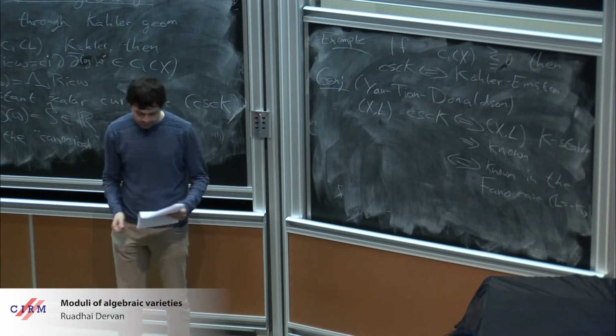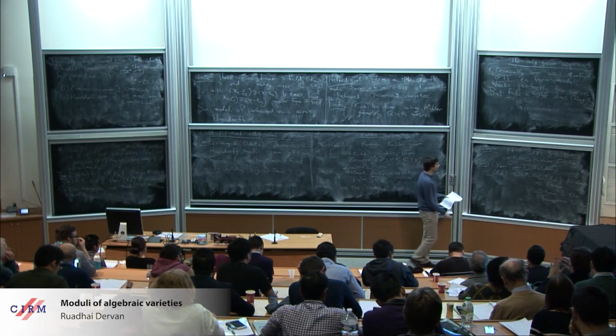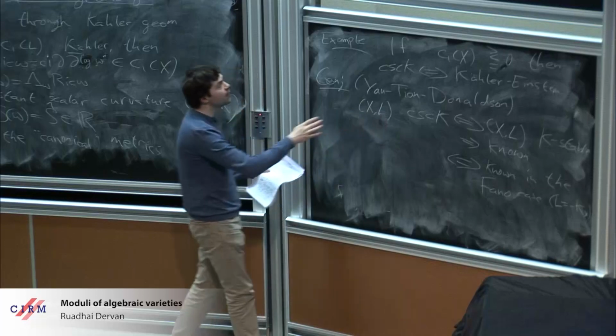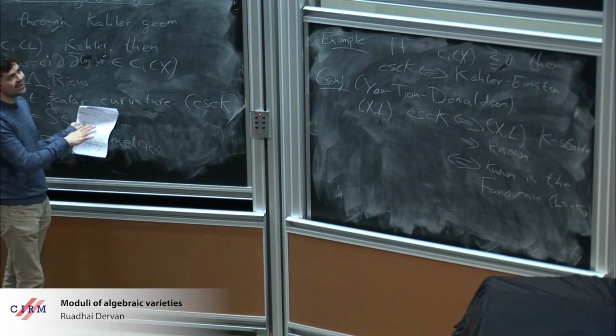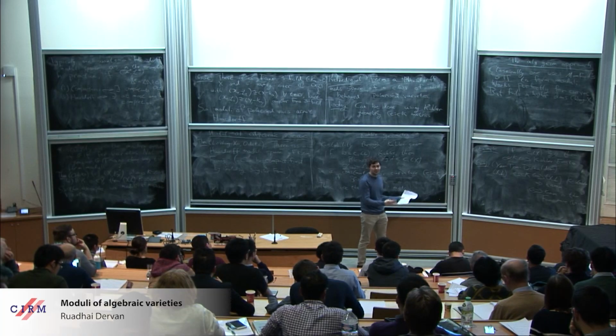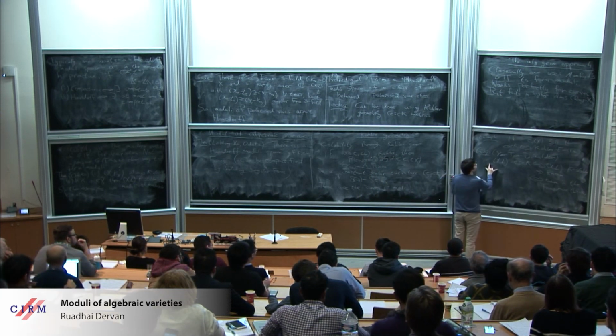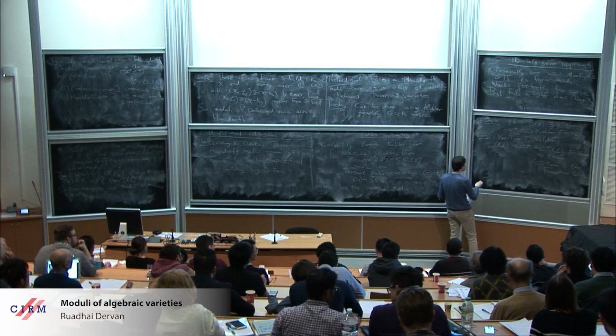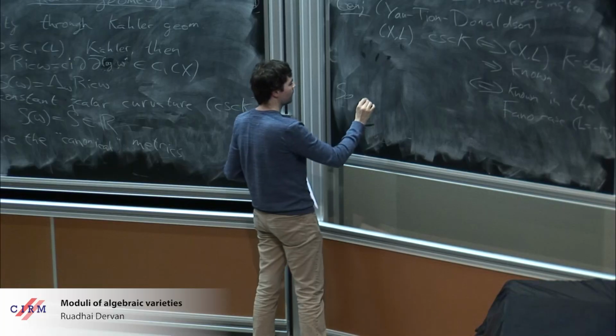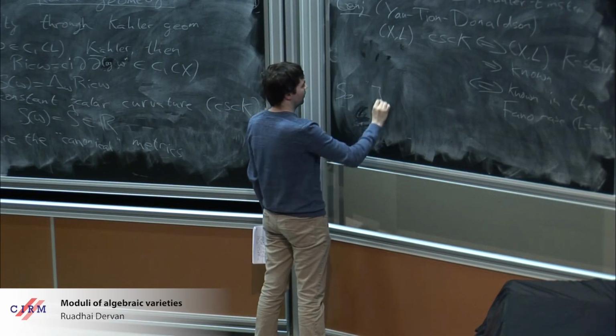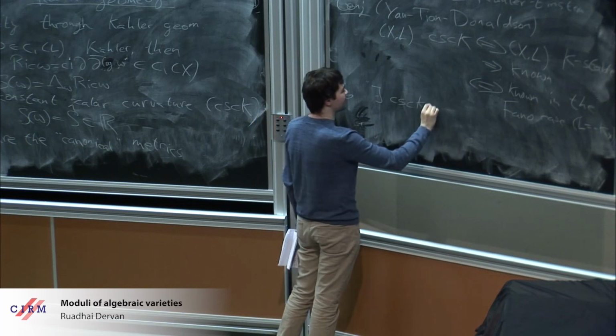OK. So the point of this is that you should, assuming this conjecture is true, view the constant scalar curvature condition as an equally valid moduli condition for polarized varieties. So there exists a cscK metric.